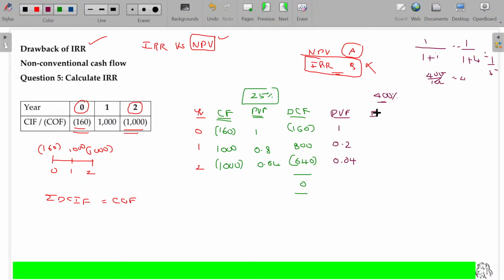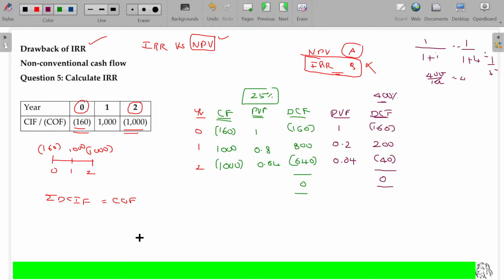Now discounted cash flows. 1 into 160, 160 negative, and 1000 into 0.2, 200 positive, 1000 into 0.04, 40 negative. Again it ends with 0. It means outflow is matching with the inflow. So outflow and inflows are matching at the rate of 25 percentage as well as at 400 percentage.